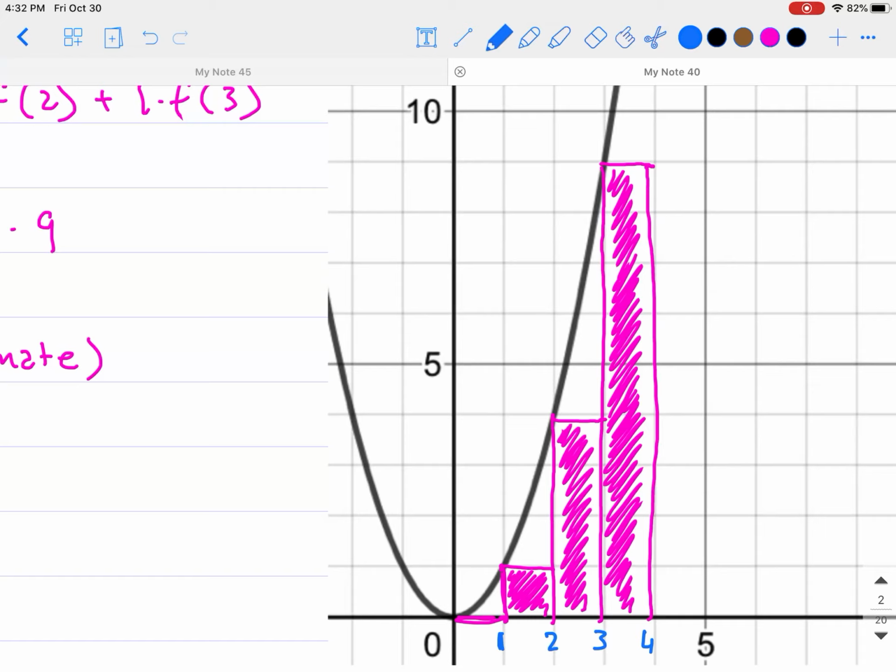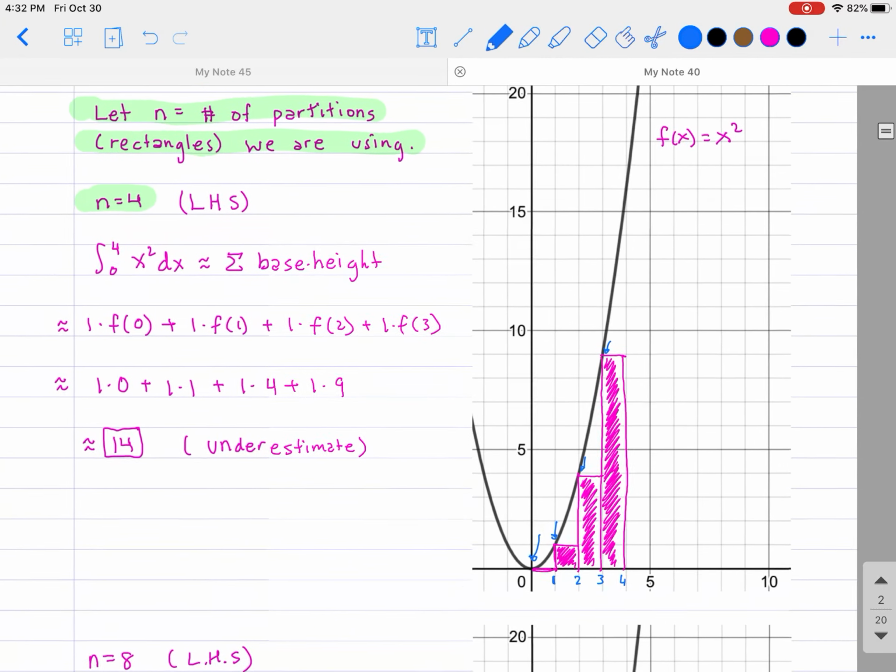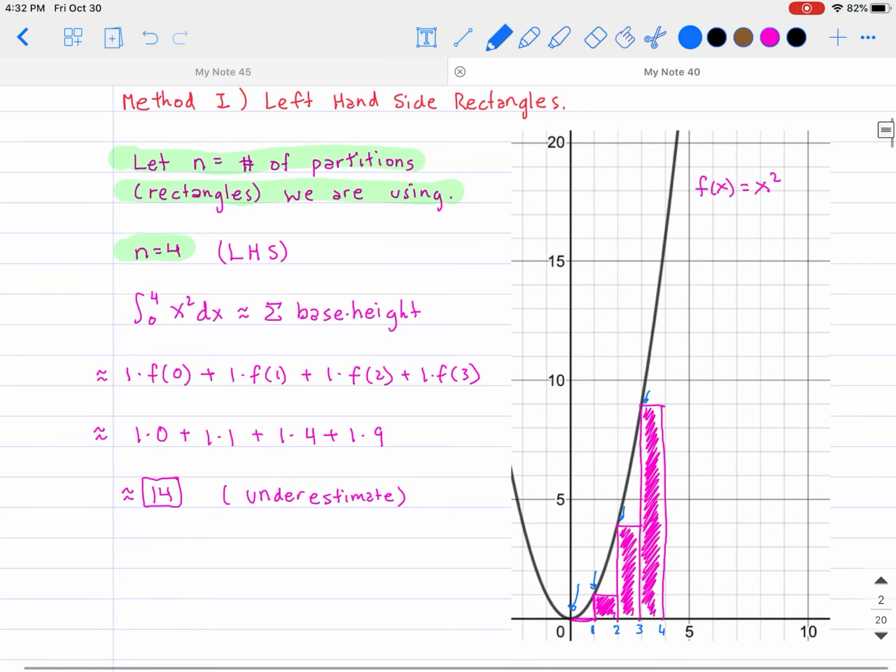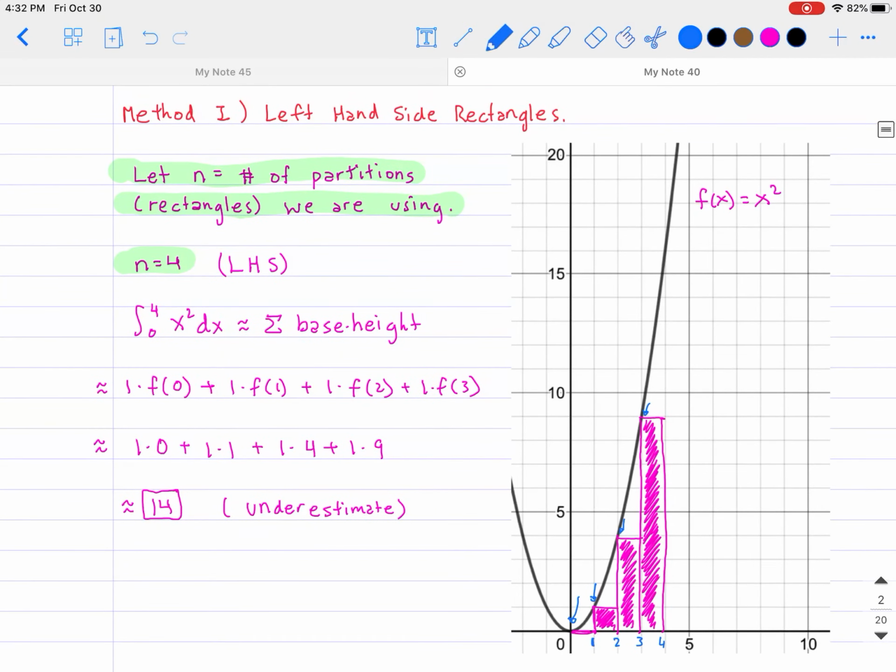In the picture of my curve, we have 1 here, 2 here, 3 here, and 4 here. Notice that the height of each rectangle is determined by the left-hand side of the interval each time. That's what I mean by the left-hand rule. So going back to my picture, that's my estimation.